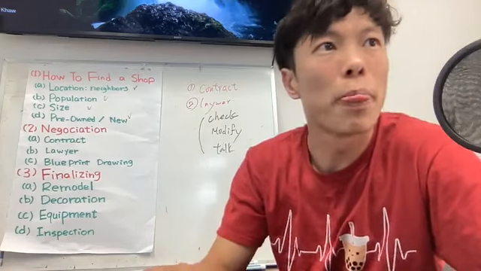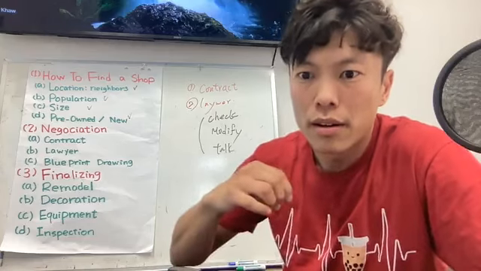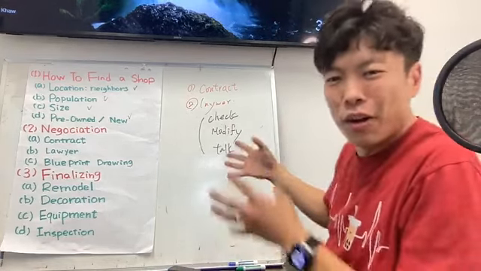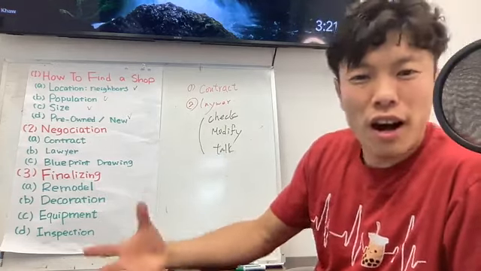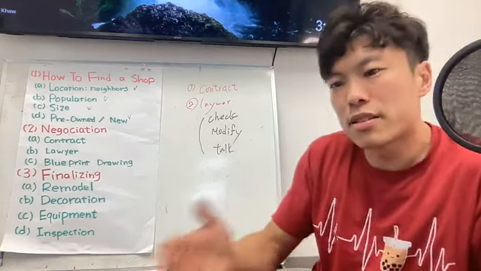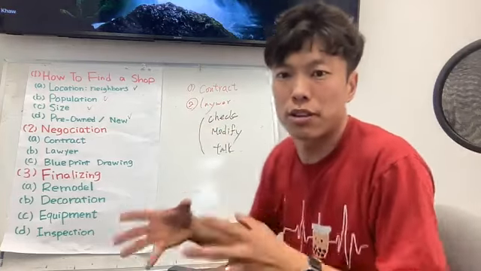During the whole process, you need to sign the contract. But that's for opening a physical shop. If you sell online or sell from a food truck, the license is different, because you don't really have a location. So it depends on what type of business you want to do.